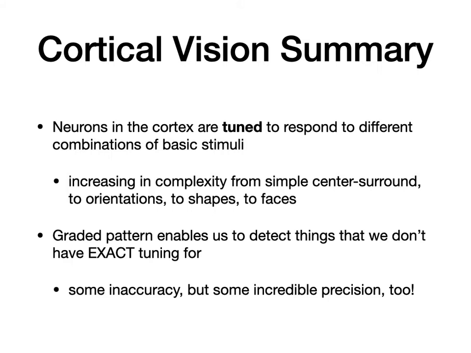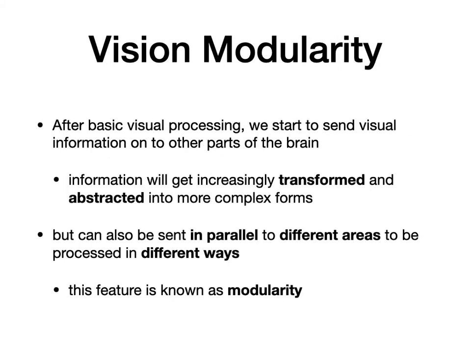So let's move on to vision modularity. After basic visual processing, we start to send the information on to other parts of the brain, right? So information will get increasingly transformed and abstracted into these more complex concepts, we can call them, or simpler patterns that are more meaningful.